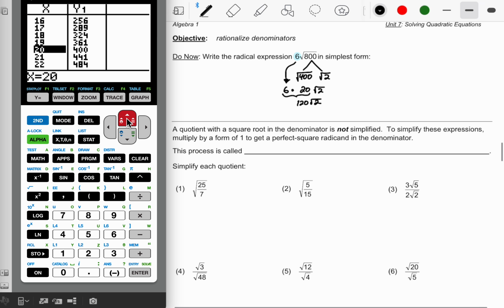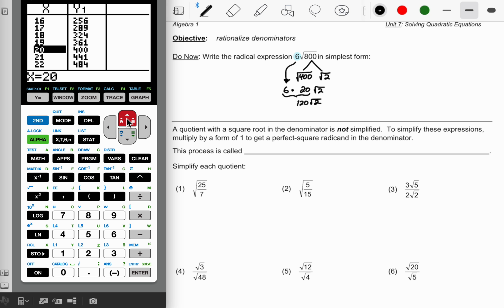So, a little blurb here. A quotient with a square root in the denominator is not simplified. That's textbook jargon. It depends. It's a matter of perspective. Sometimes it's actually simpler than what it would look like if you were to quote-unquote simplify it. To simplify these expressions, multiply by a form of 1 to get a perfect square radicand in a denominator.